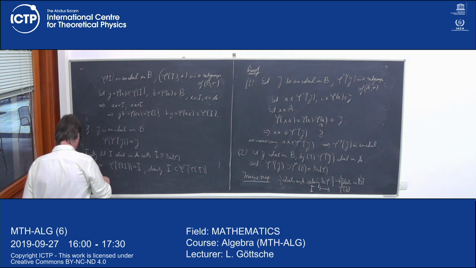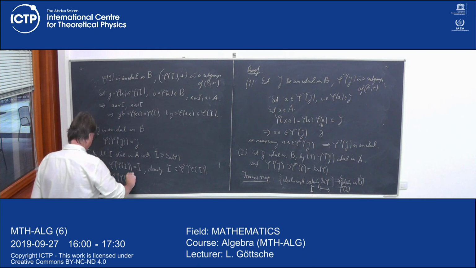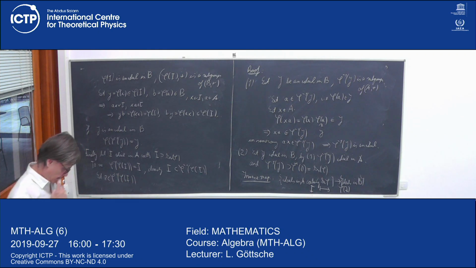So let z be an element in phi to the minus 1 of phi of I. We have to show it's in I.